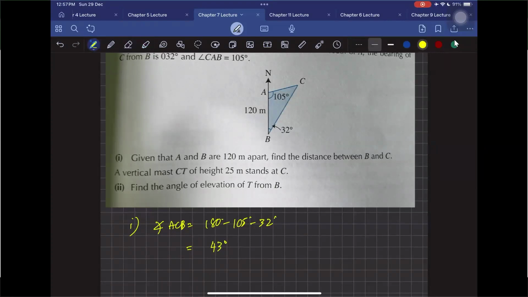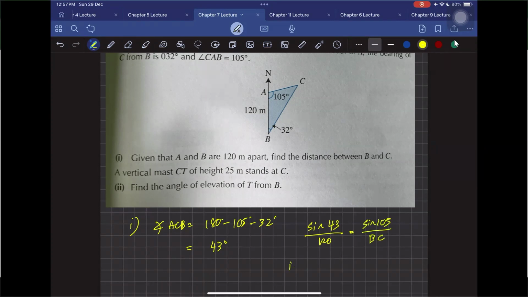If you want, you can draw the triangle, but I'm just going to use the one on the diagram. So sine 43 over 120 equals sine 105 over BC.